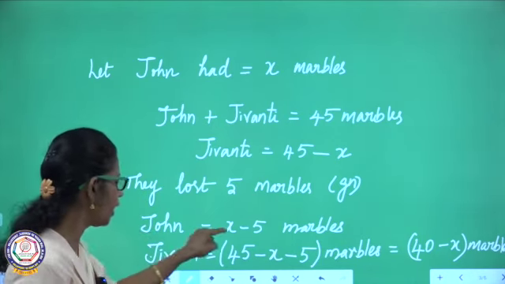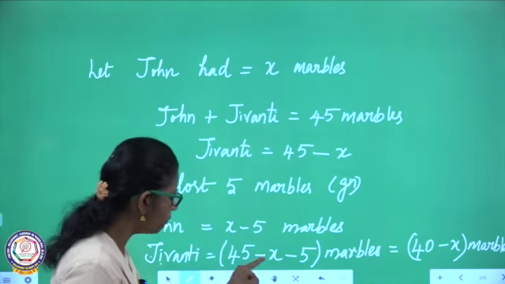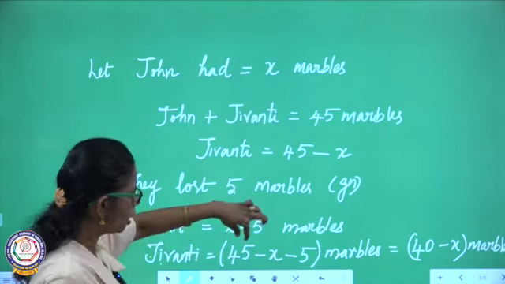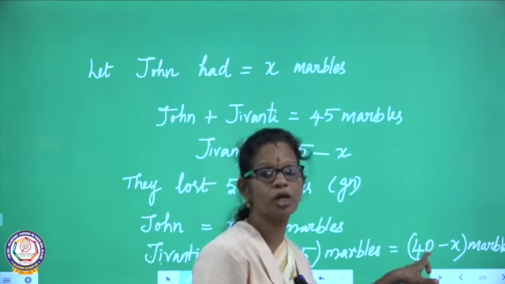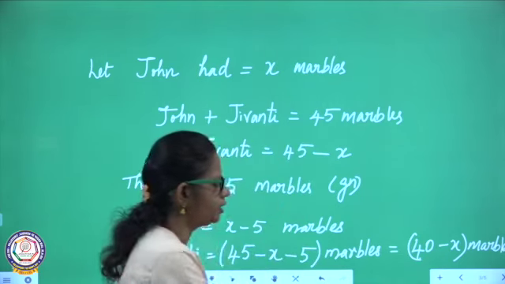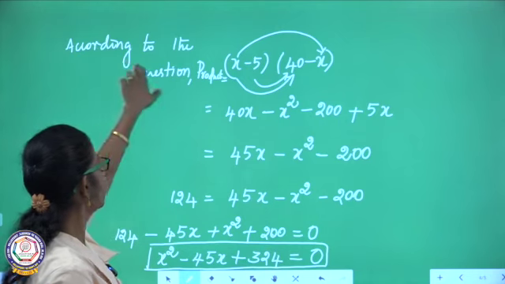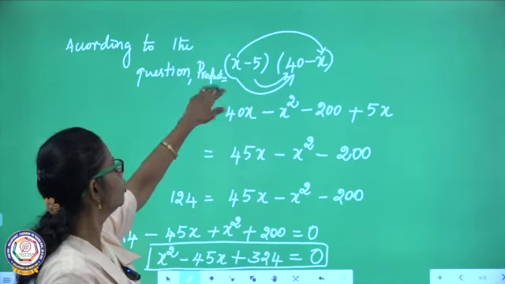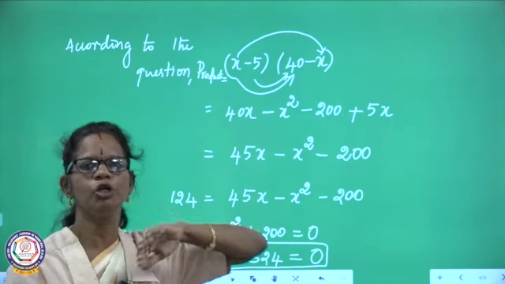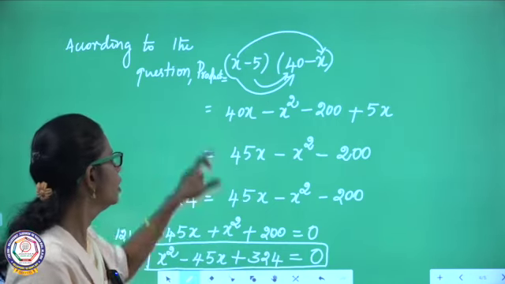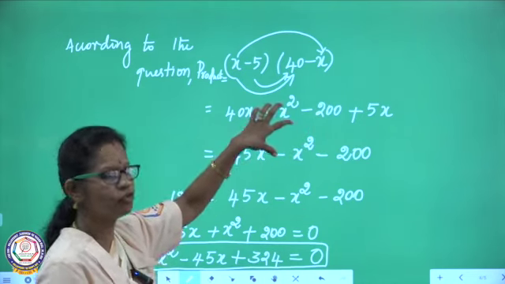So John had x minus 5 marbles, Jivanti had 45 minus x minus 5. Do the subtraction and put the greater number's symbol. That's why you arrive at 40 minus x. Next, they said product, according to the question, equal to John into Jivanti: x minus 5 into 40 minus x. Simple multiplication you have to do very carefully.